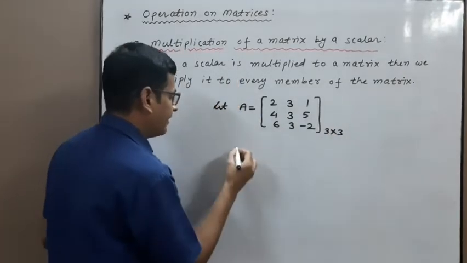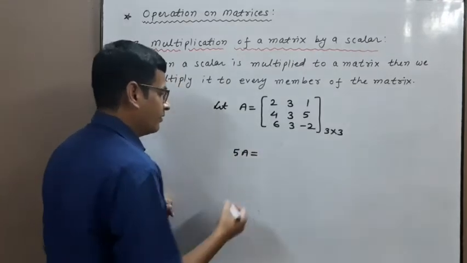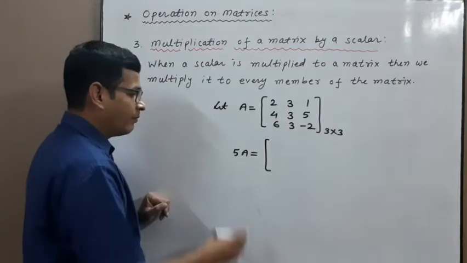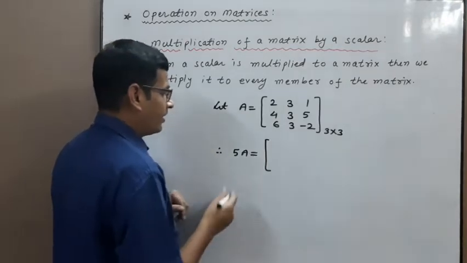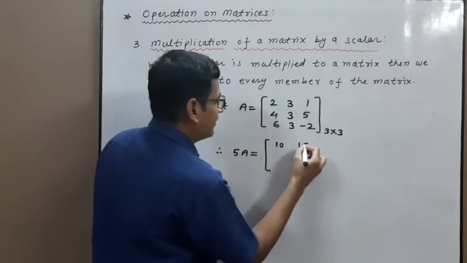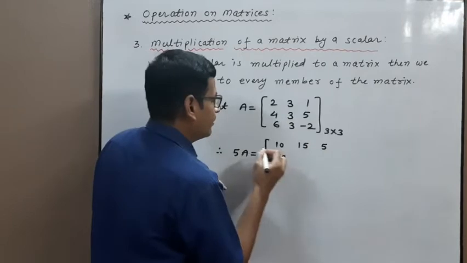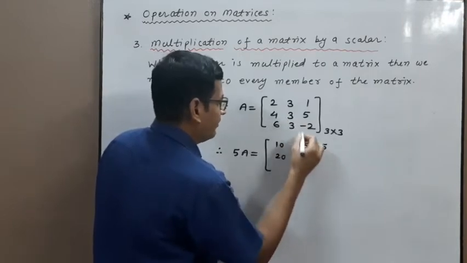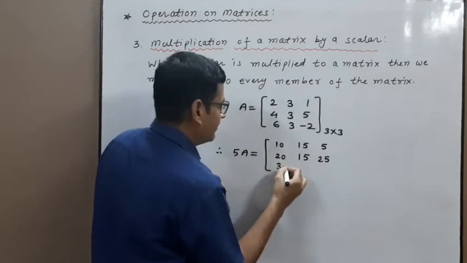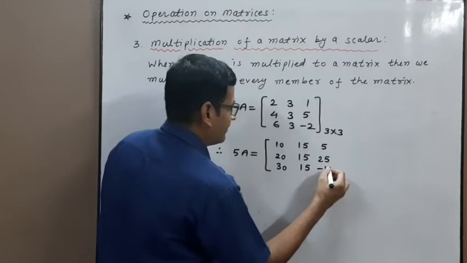If you multiply the matrix by a scalar, 5A is equal to, we multiply each element of matrix A by 5. So 5 into 2, 10. 5 into 3, 15. 5 into 1, 5. 5 fours are 20. 5 threes are 15. 5 fives are 25. 5 sixes are 30. 5 threes are 15. 5 into minus 2, minus 10.